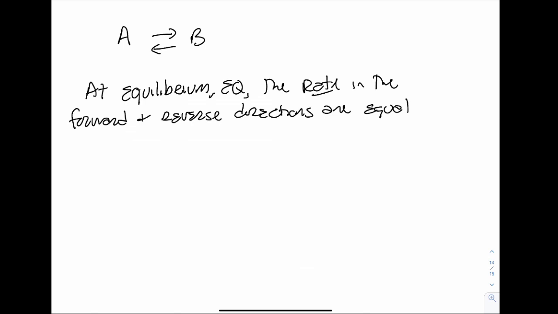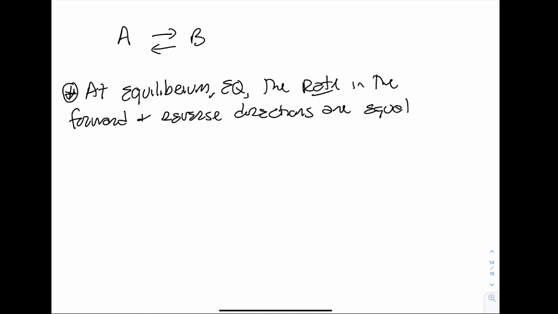And then also be careful: it doesn't mean that the amounts are equal, right? My concentration of A could be a gazillion times more than my concentration of B, as long as it's going from A to B and B to A at the same rate. So my amounts or concentrations do not have to be equal, right? We've had a few questions already, like when we were talking about acids and bases, and I said which direction is favored at equilibrium, right? If my amounts were equal, there wouldn't be a favored direction, right? It would be equal.